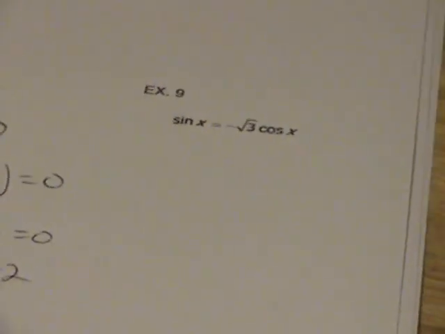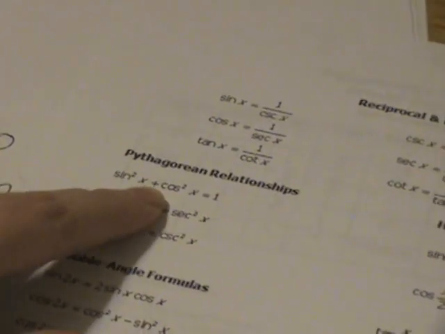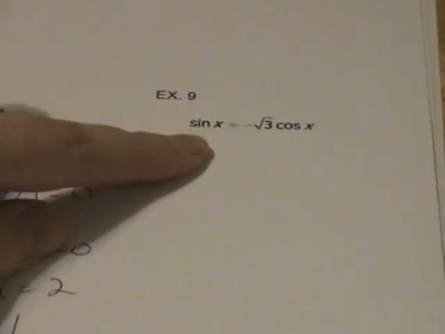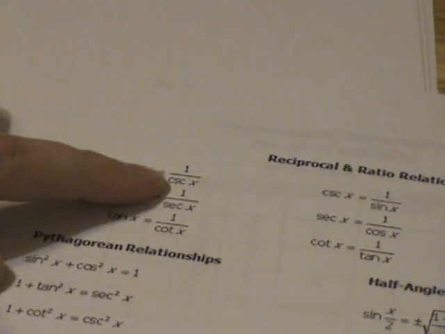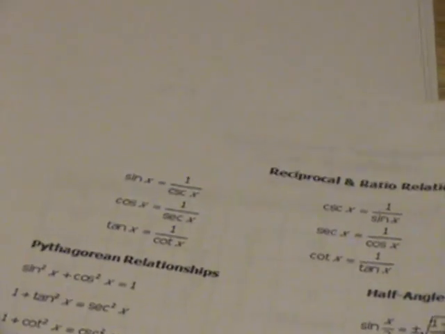What about using a trig identity? Could I use a Pythagorean identity and maybe substitute something in there for sine or cosine to get sine or cosine? Well, no, because this is sine squared and cosine squared. Those are not squared. What about using reciprocals? All right, well, I could turn a sine into a 1 over cosecant and a cosine into a 1 over secant. That still doesn't help me. That still gives me 2 trig functions.